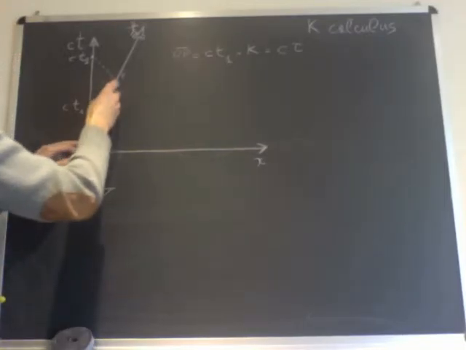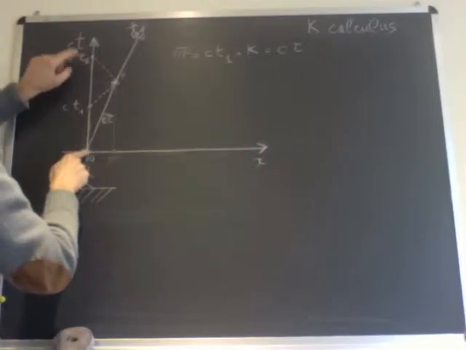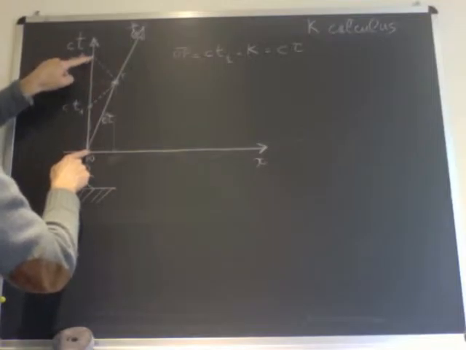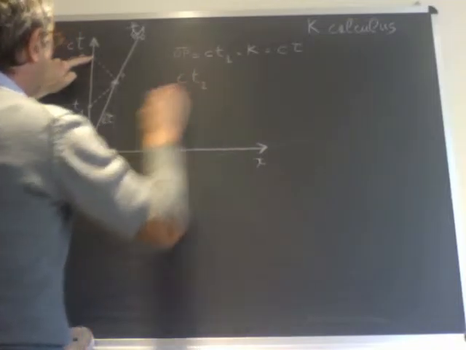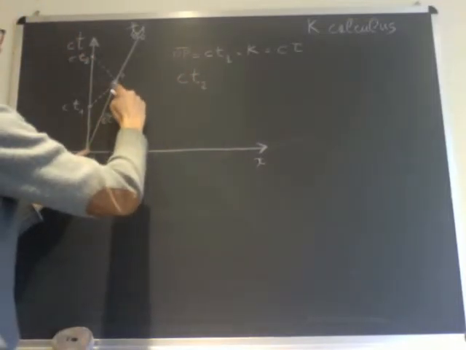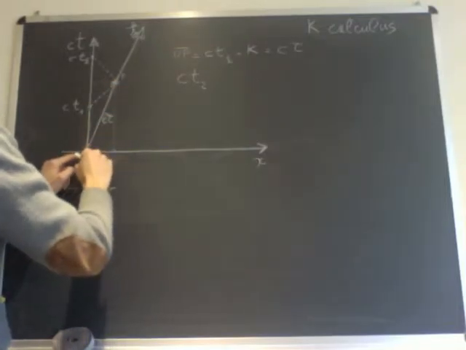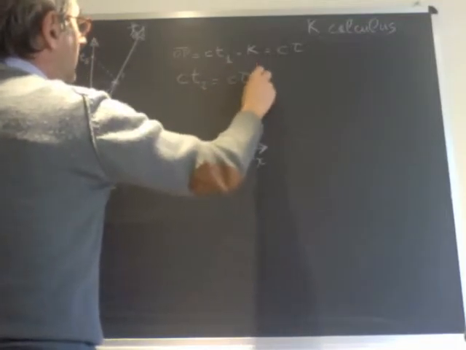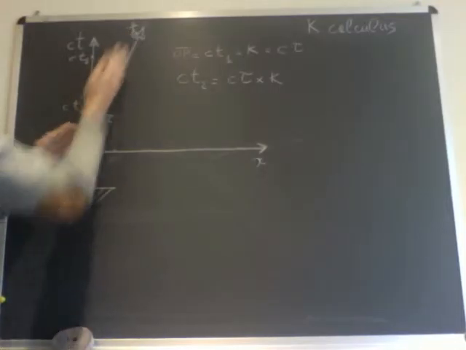And so we can consider that the segment from O to ct2, the length of this segment here, must be equal, for symmetry, to the length OP, that is c tau, times the same factor K, because the situation is perfectly symmetric.